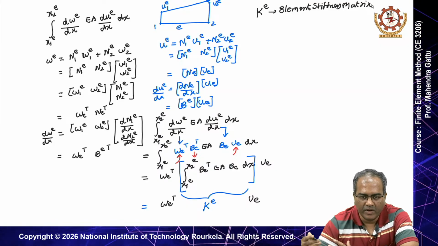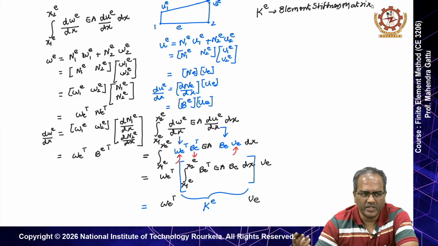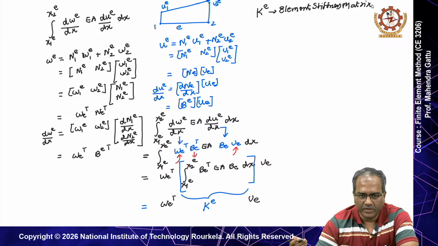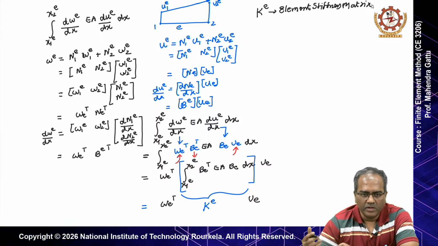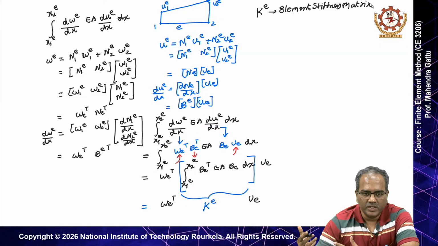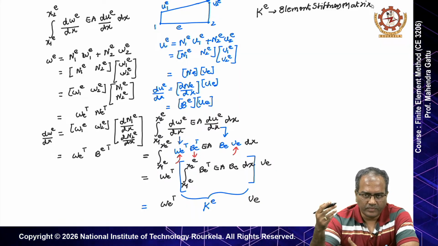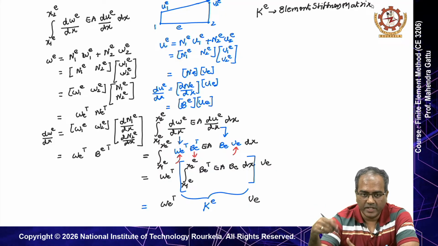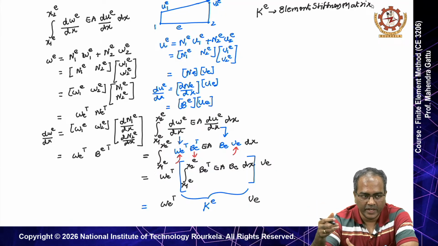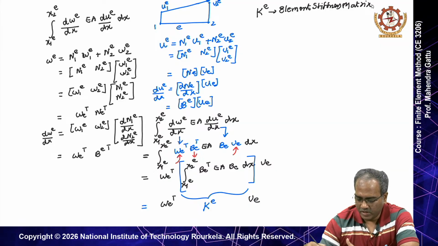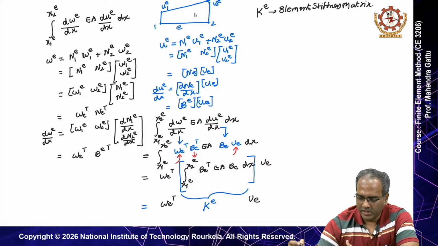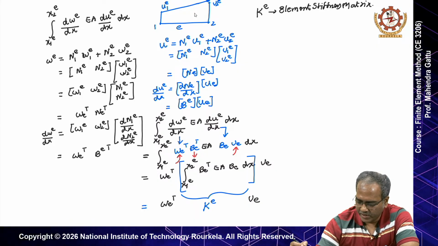It was E A by L times [1, -1; -1, 1]. We derived it directly. Here we use this FEM approach and derive the same thing. For a linear element, it will match exactly. If you want more accuracy, suppose a 3 node element, then it is not possible to derive it directly, we have to use this FEM approach and evaluate this integral. So, anyway, for this linear approximation, let us derive it.